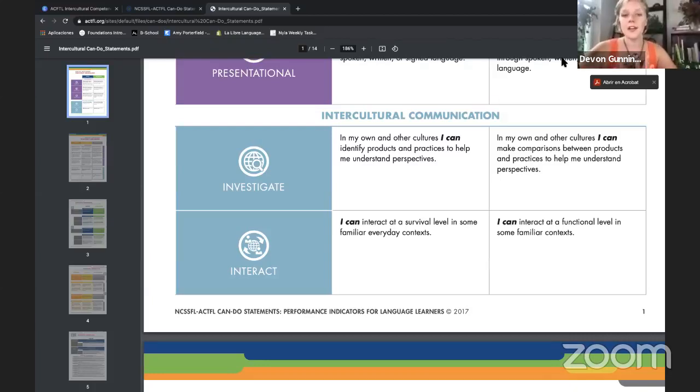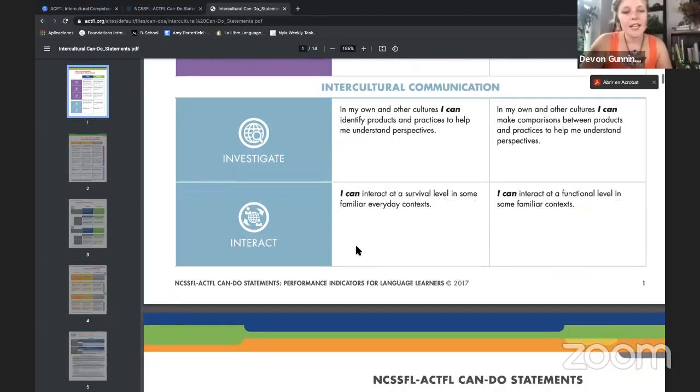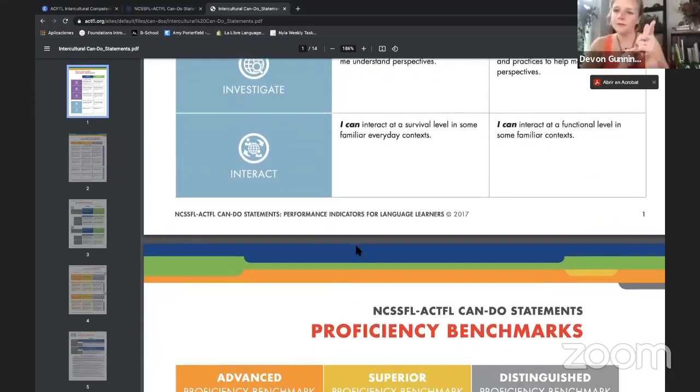These are the benchmarks that you want. Okay, so investigate. This is kind of like the products piece, and practices. In my own and other cultures, I can identify products and practices to understand perspectives. In this beautiful sentence, you see how all three of those are connected. The next one here, this is the money shot.